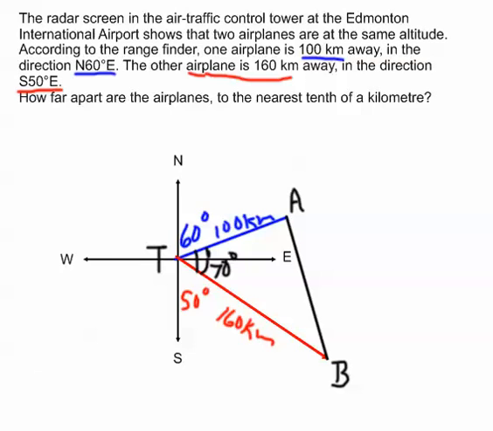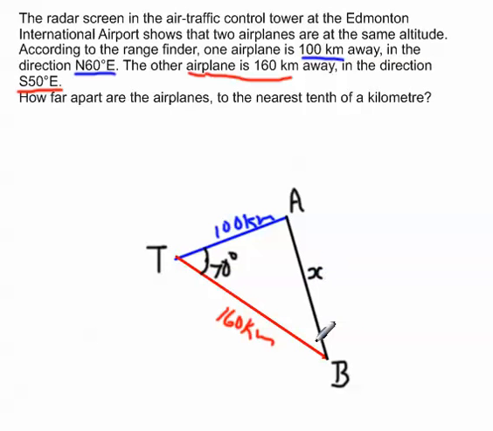So if we simplify everything that we know, we have a simple triangle that looks like this. We have one side equal 100 kilometers, another side equal to 160 kilometers, and the angle between the two equals 70 degrees. And we know that we can find the side across from angle T by using the law of cosines.